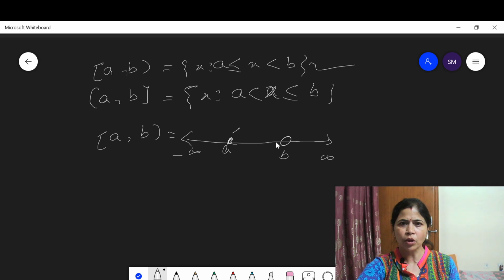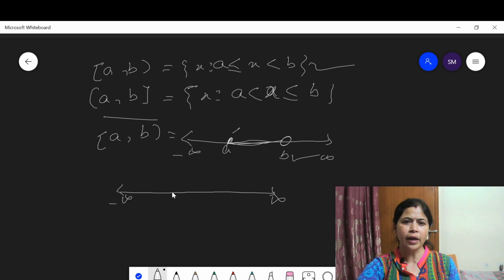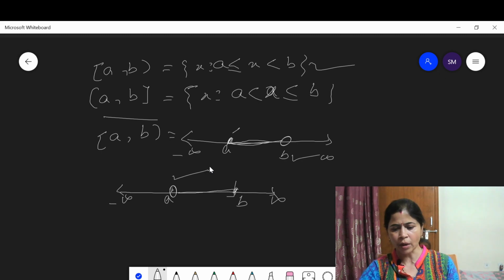This means X belongs to the interval from A to B, not including B. And in the other case, on the real number line from minus infinity to plus infinity, with A here and B here, X is between A and B, which includes B but not A. These are semi-open or semi-closed intervals. Okay.